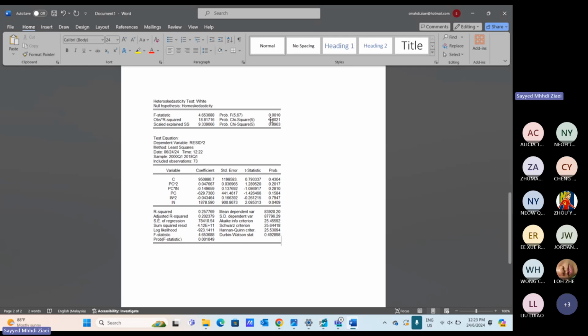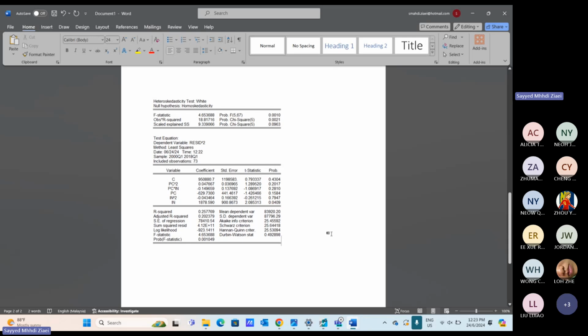It means we have a problem of heteroscedasticity. It means our variance is very, very big. Therefore, heteroscedasticity has a negative influence on the result of our test. So we should fix the problem of heteroscedasticity.